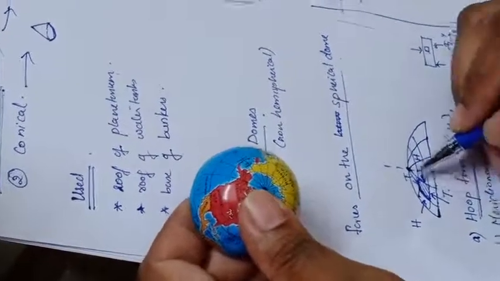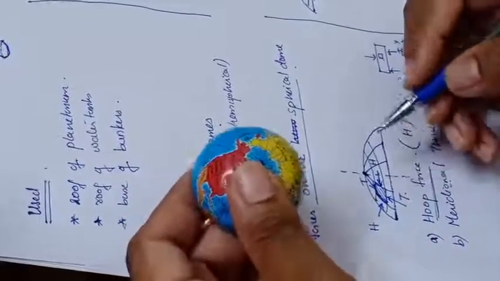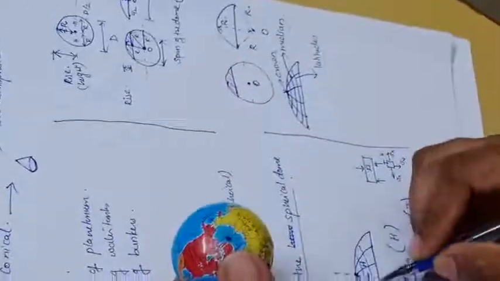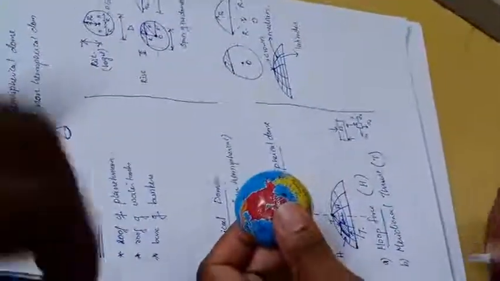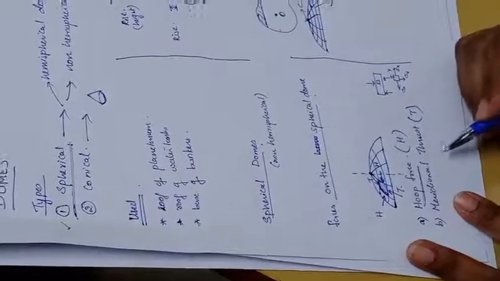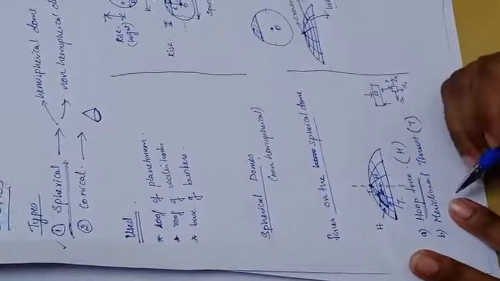Usually these forces will be parallel to the meridians, that is the vertical lines, and hoop force will be parallel to the latitudes. These hoop forces and meridional thrust are actually compressive in nature.